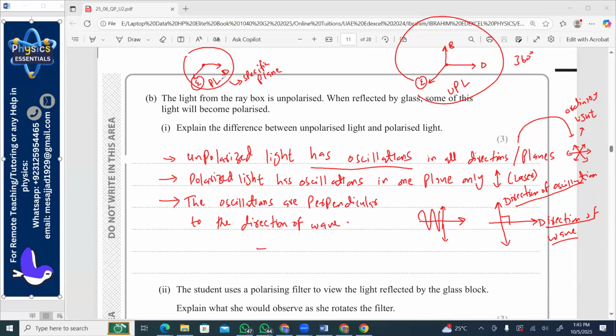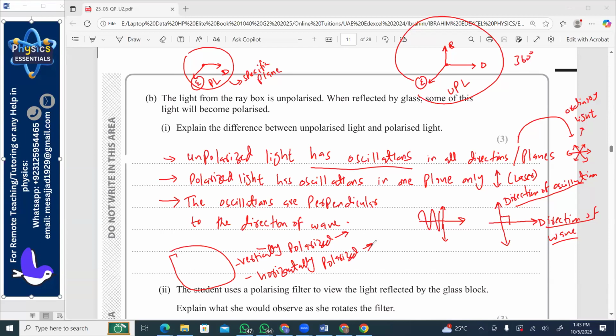You need to remember what we mean by vertically polarized and what we mean by horizontally polarized. Actually it depends on the direction of the electric field.